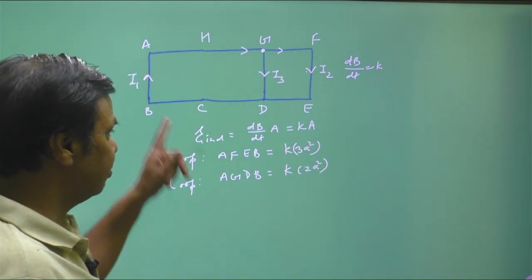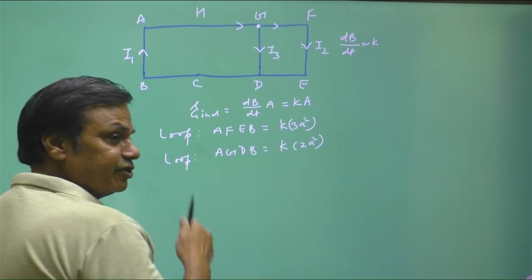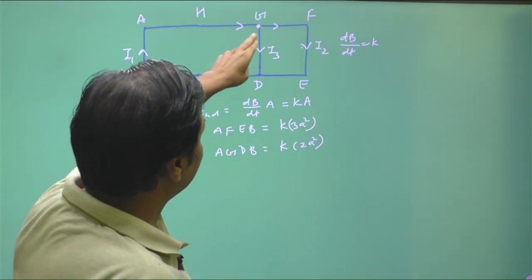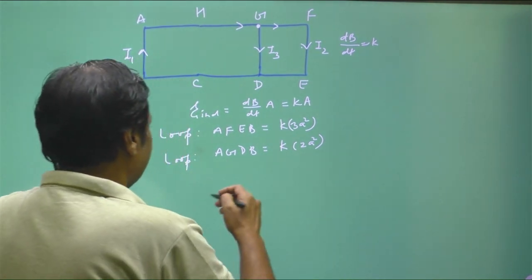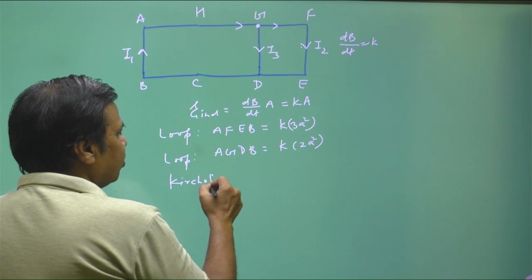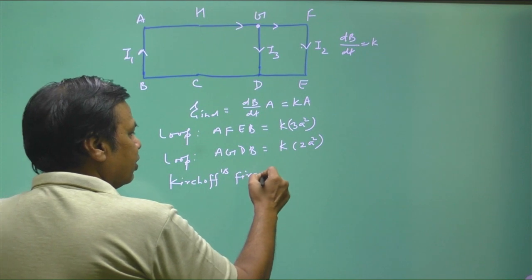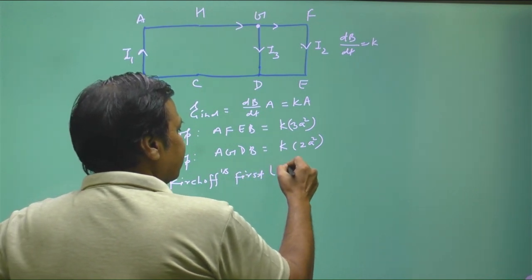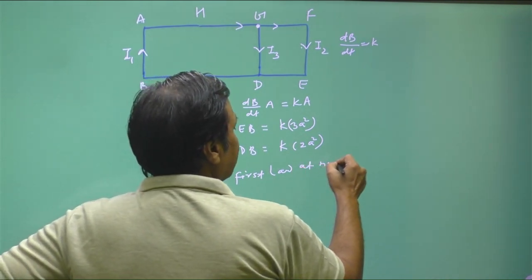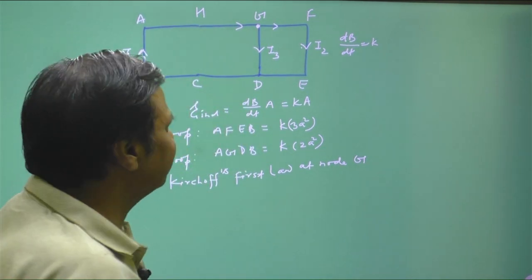So can I write Kirchhoff's first law first at the junction, the node G? I'm going to write Kirchhoff's first law, the current law, KCL you call it. I simply called it Kirchhoff's first law at node G. You can call it a node or a junction, whatever you wish.